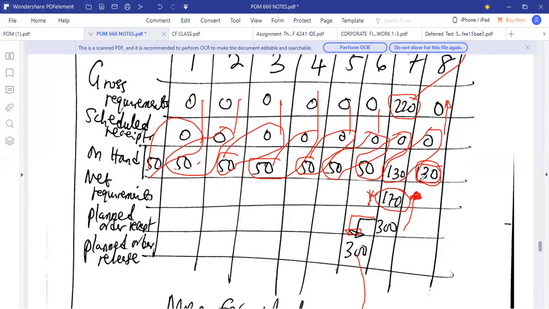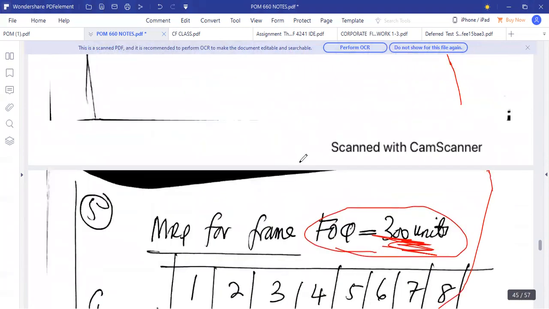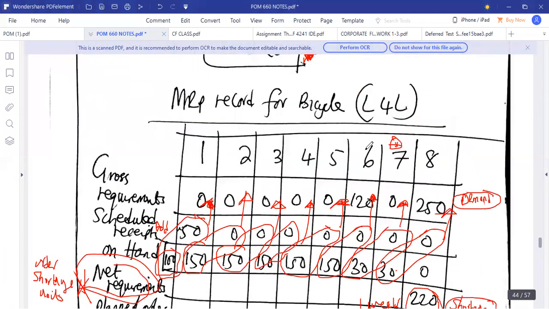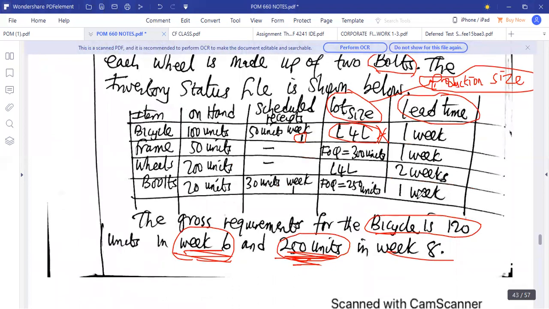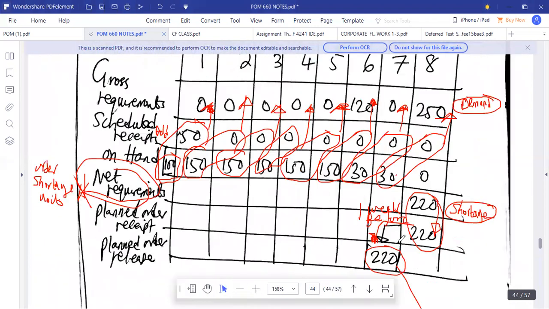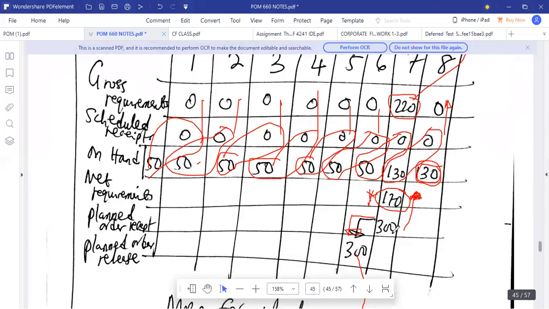Now, for the aspect of lead time for the frame, you go back and check the lead time, which is 1 week. So for you to have a receipt of 300 units in week 7, where there's a net requirement of 170, with a lead time of 1 week, our release would have been 1 week before.